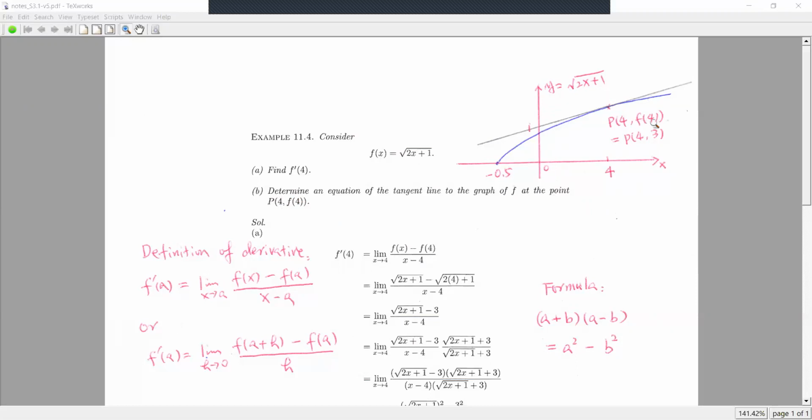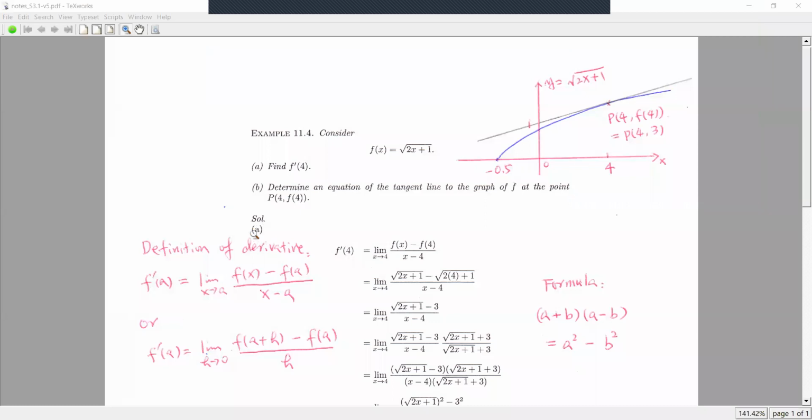The function value at 4 is 3. How to get the number 3? Plug in 4 for x here. Then the function value is 3. At point P, there is a tangent line. Now, part B. Write down the equation for this tangent line.